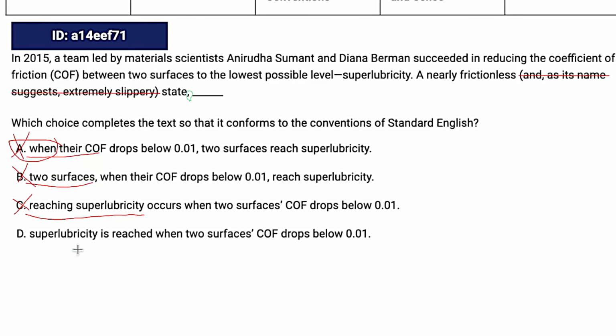Superlubricity sounds like it could definitely be a state of being. And if we look at the stuff I crossed out, as its name implies, extremely slippery. Lubricant is something slippery, so superlubricity would be a very lubricated state. That one definitely takes a little bit of word decoding as well. But if we just stick with crossing out those wrong answers, we can still get our correct answer.